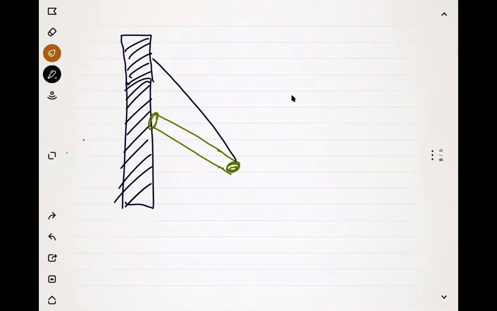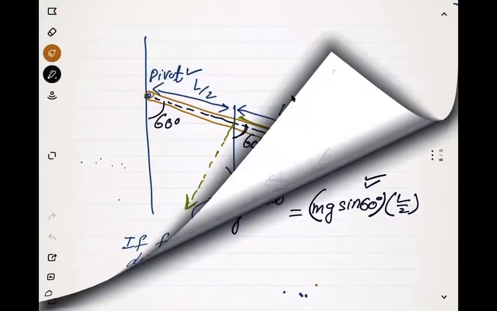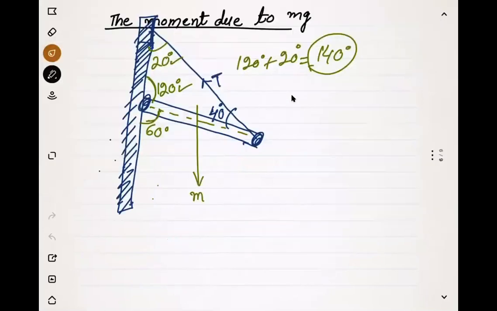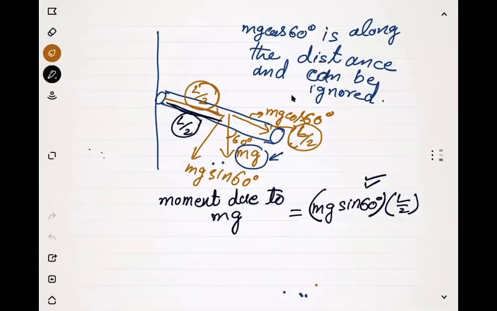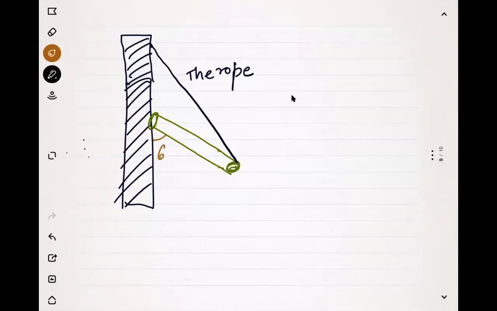So for example, this is the rope, and the angles which are given in this question, the angles which were given initially, this was 60 degrees and this was 20 degrees.